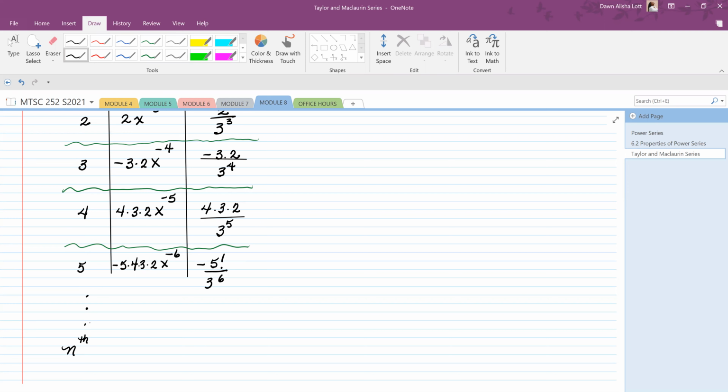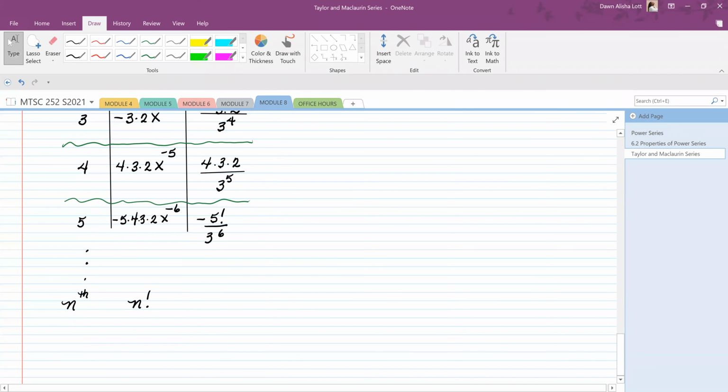First off, I know I'm going to get n factorial. I already see it. N factorial, it's over x to the n plus 1. So I see that too.